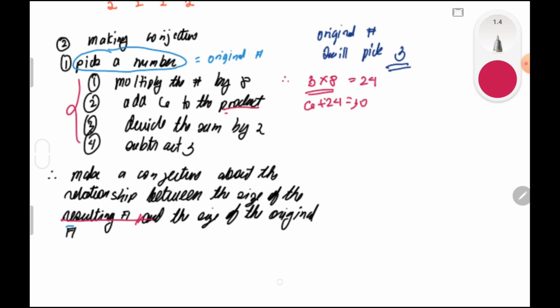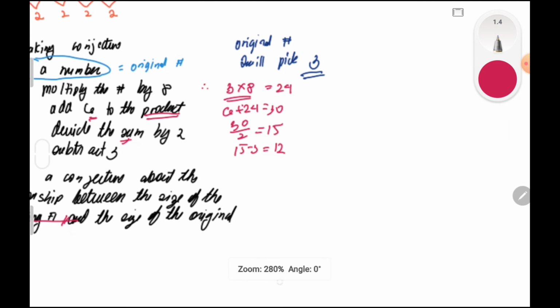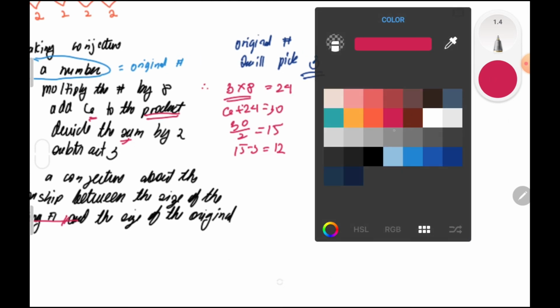Then after makuha natin yung product niya, after makuha natin yung sum nito with 6, so therefore we'll divide it by 2. So 30 divided by 2 equals 15. And then subtract it by 3. So we'll have 15 minus 3 is equal to 12. So original number.